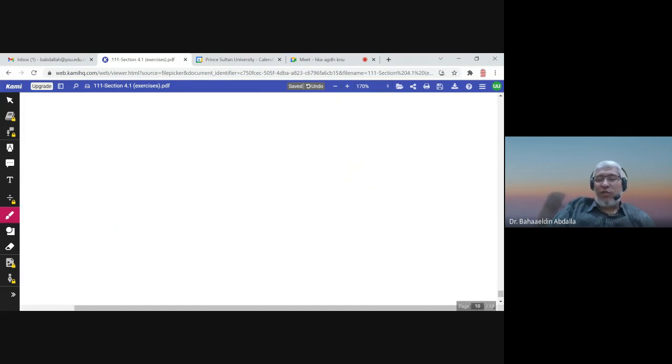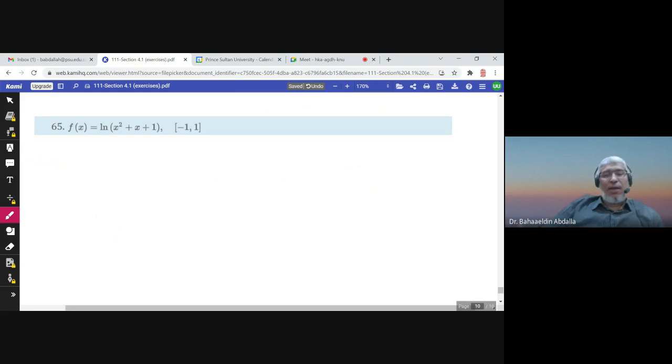Another question, and this is the last example. To find the domain, you have to put x squared plus x plus 1 greater than 0 and solve it.